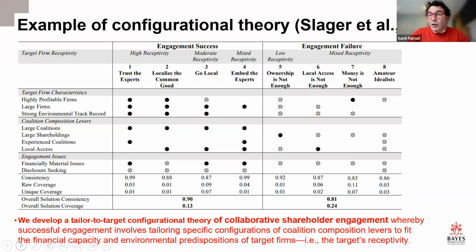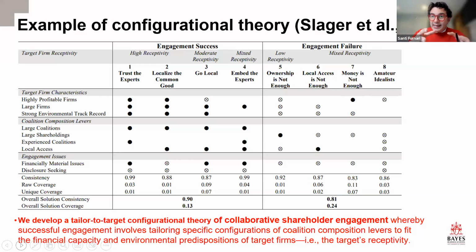What the outcome was, and this is an example that I want to use to then show in the next slides also what was the previous version of this table when we were in the theorizing and going across that messy process. So this is the final, if you want, published version, the configurational theory that tries to simplify that complexity, but keep a level of nuance and keep a level of being fine-grained and granular. But I'll show you more in a second in the next slide on how messy our process was.